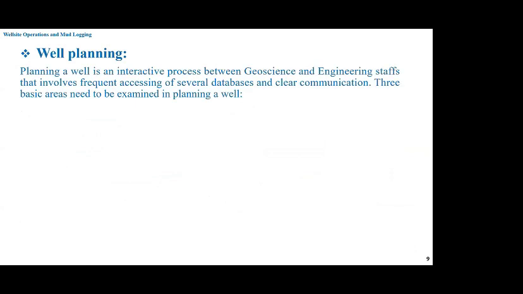Well planning is an interactive process between geosciences and engineering. It involves frequent access to several databases and clear communication between each party. There are three basic areas to be examined in the planning. First, what targets will be evaluated, primary target and secondary targets.